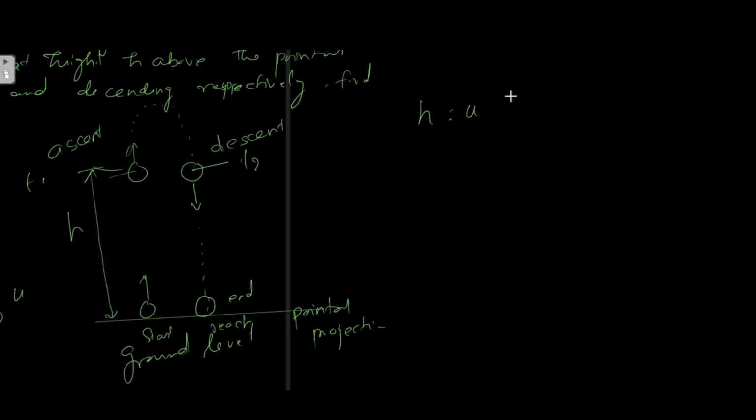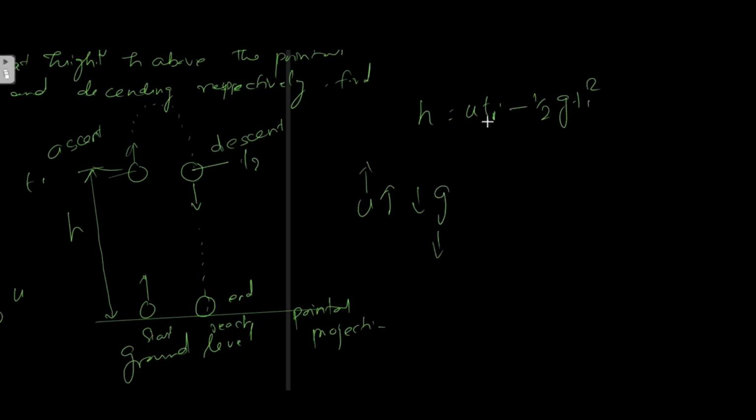At the time t1, the position in the ascending direction is h equals u t1 minus half g t1 square. Why is it minus? At the time of starting projection, u is upward and g is downward, so they are anti-parallel vectors.